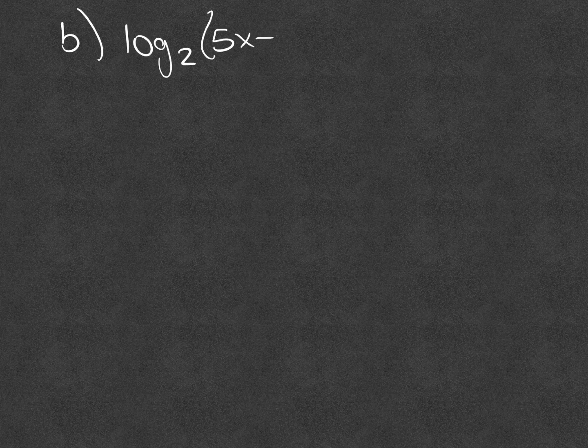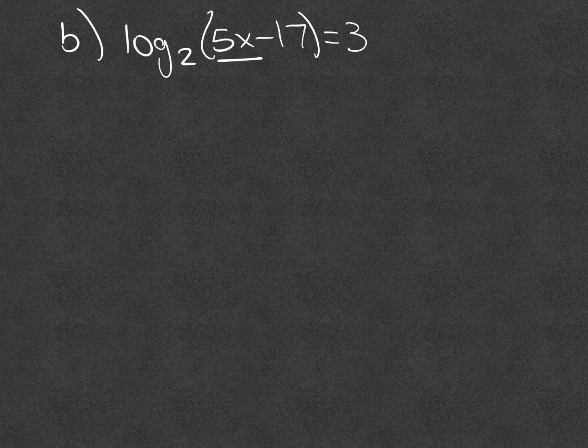Now let's go ahead and do a case of where we use the rewrite. So b is log base 2 of 5x minus 17 equals 3. Now we see that we need to get x by itself at the end, and it is not going to happen in this form.